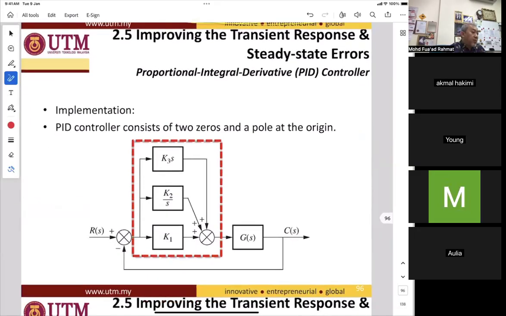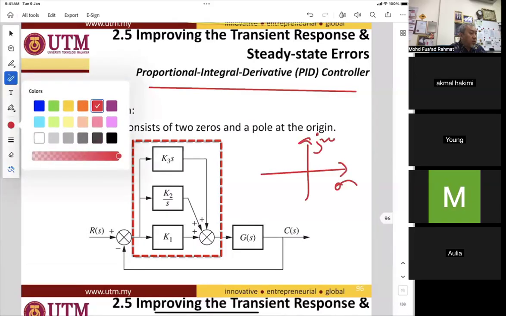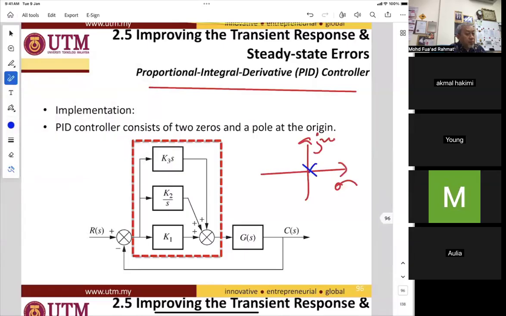The implementation of the PID controller is based on two zeros and one pole at the origin. If we look at the s-plane, the poles and zeros will be somewhere here, at the origin.